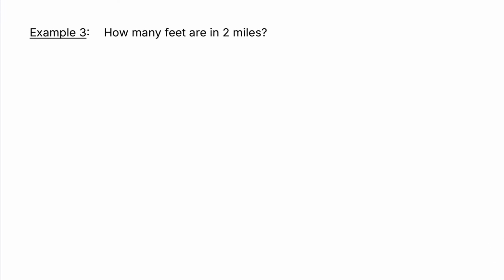How many feet are in 2 miles? Okay, how many feet are in 2 miles? So let's start with 2 miles. Then the conversion factor, which I said was the hardest. You need to know that there are 5,280 feet for every 1 mile.